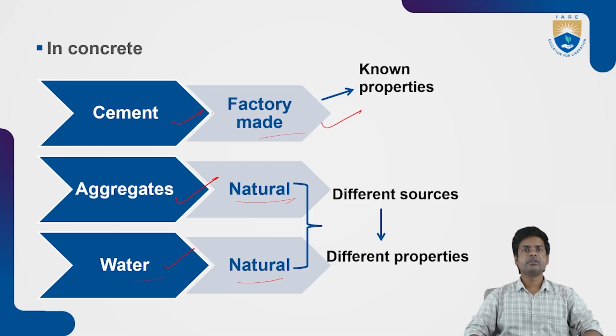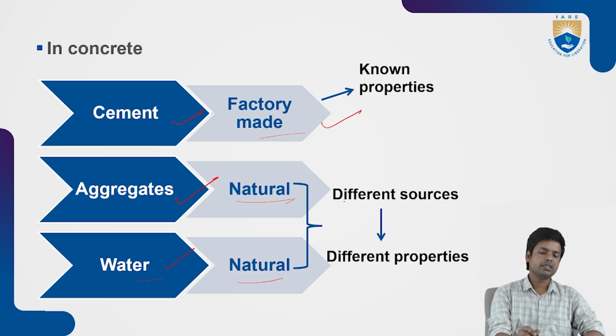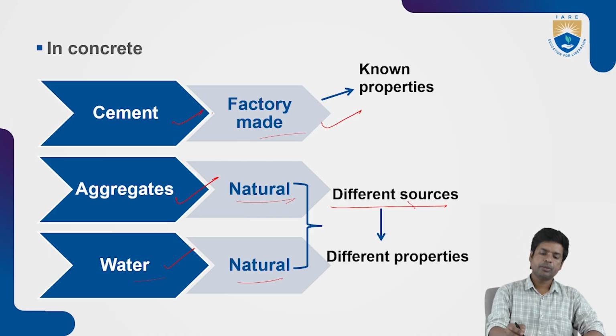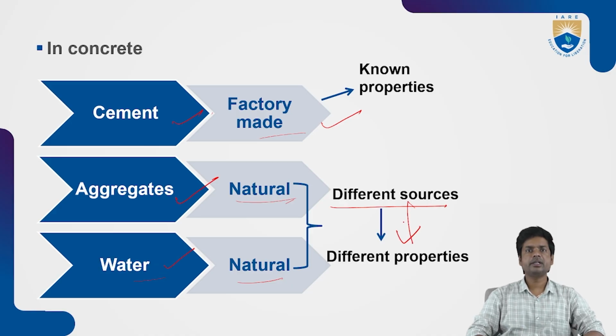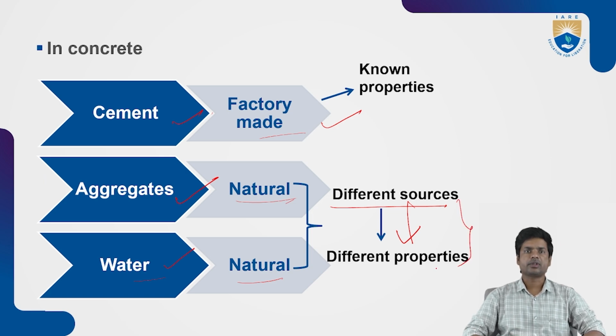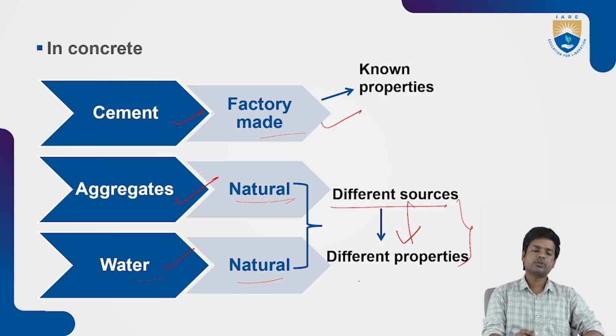That is why we collect aggregates from different sources; from one source we cannot get all the aggregates. We don't know the properties of aggregates, and we are not manufacturing them in a controlled environment. That is the reason we have to study the properties of aggregates.